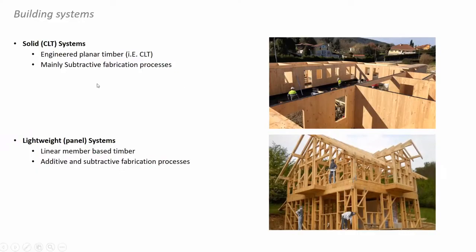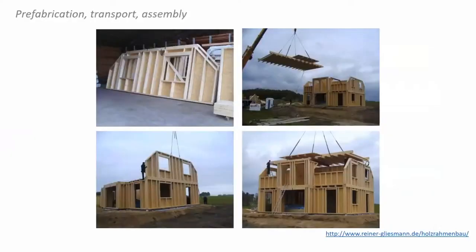So obviously there are several ways you can distinguish and separate building systems from each other, but one that I think makes a lot of sense is that we have solid systems and lightweight systems. We're not going to talk too much about it, but we're talking about the offsite prefabrication of these elements.